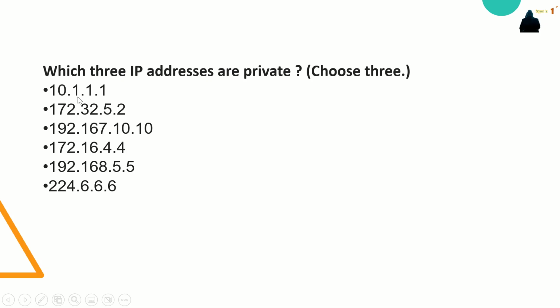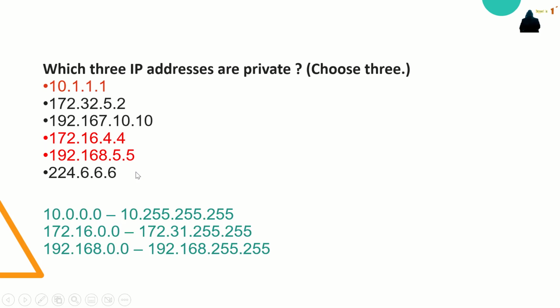This is 10.1.1.1, and also 172.16.4.4, and also 192.168.5.3. The range should be between 10.0.0.0 and 10.255.255.255, and also 172.16.0.0 to 172.31.255.255.